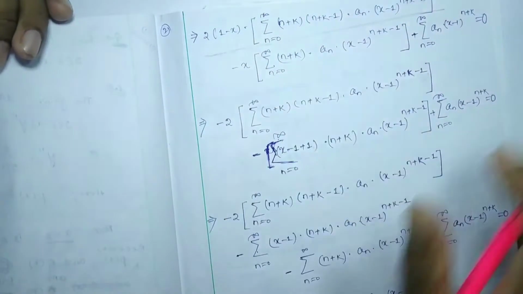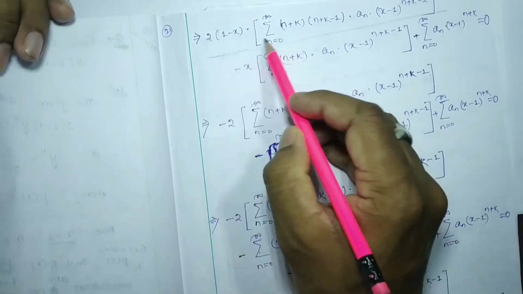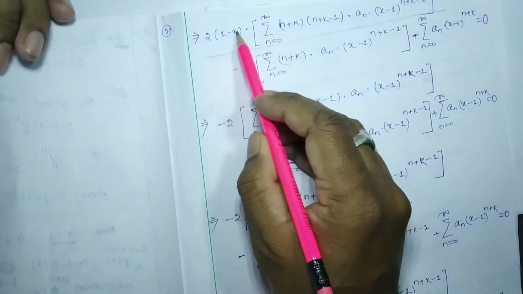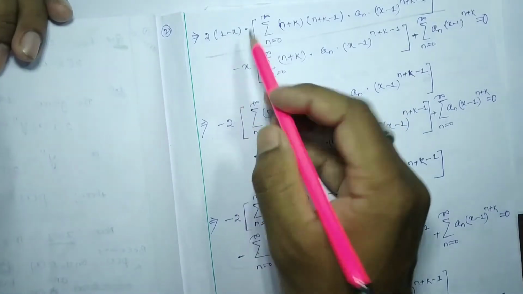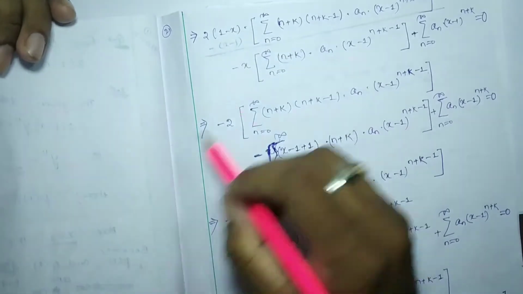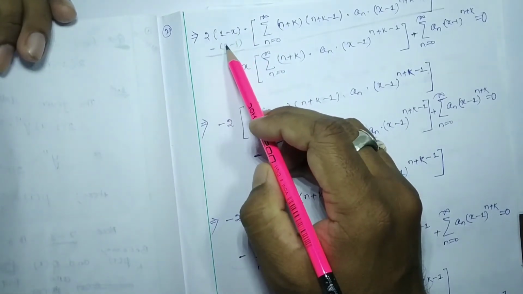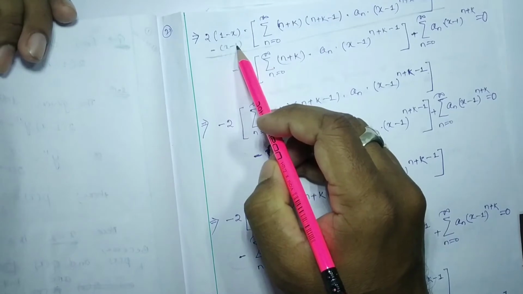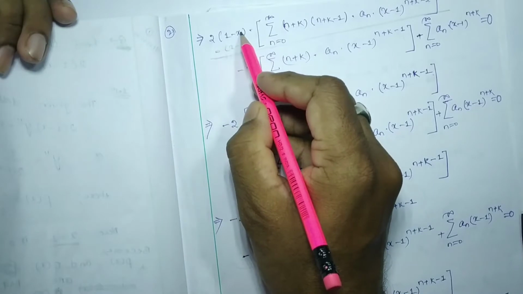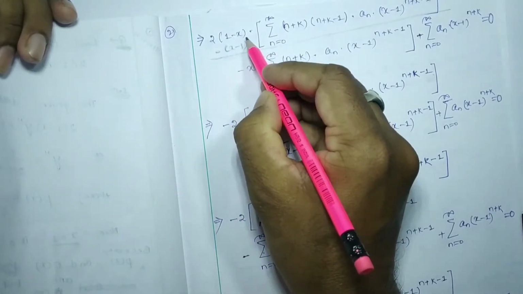In the first term, 2 into (1 minus x) is multiplied with this term. 1 minus x, by taking minus common, can be written as minus (x minus 1), or we can say (x minus 1) to the power 1.